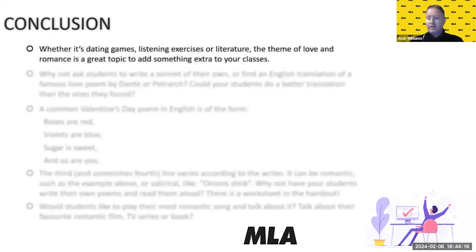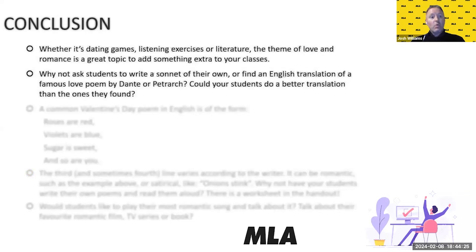Depending on the age of your students, it's a theme that is at the forefront of their minds. And why not ask students even to write a sonnet of their own, or to find an English translation of a famous love poem by Dante, etc. Maybe they could do a better translation.